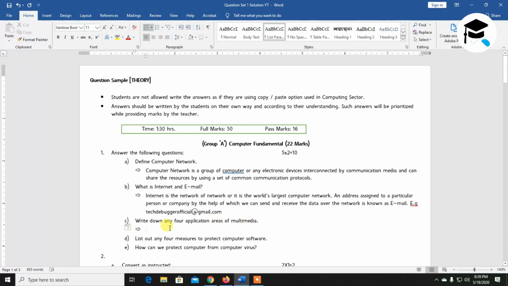For example, you can say it is used for education purpose. Currently you are studying online with the help of computer, with the help of internet, with the help of mobile or any devices. Similarly, it is also used for entertainment purpose. You might be watching movie in your mobile, that is for entertainment purpose.